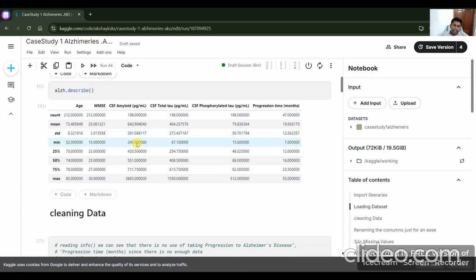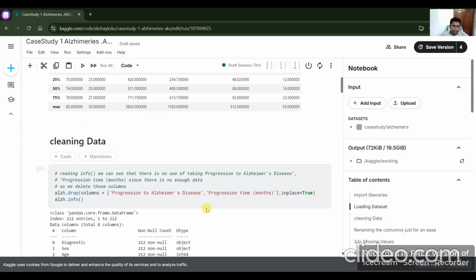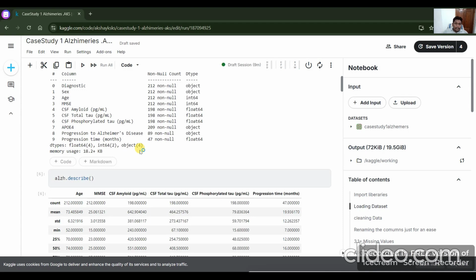After describing the data, next is the data cleaning section.